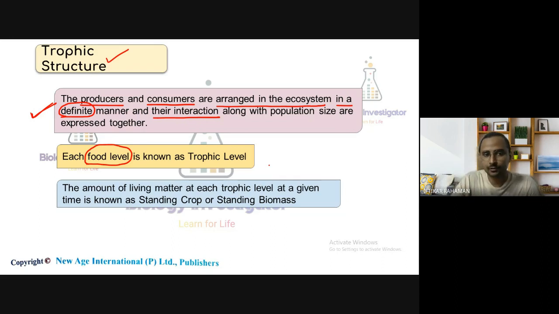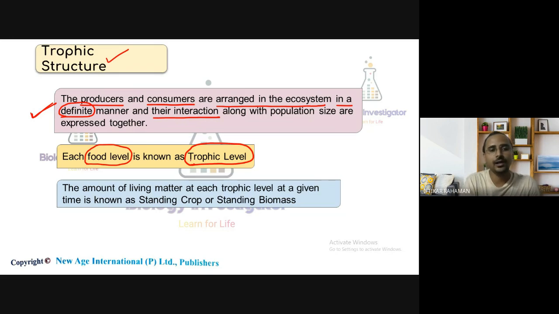So in that particular situation, that is known as a food level. So each food level is a trophic level, right? Each food level is a trophic level.